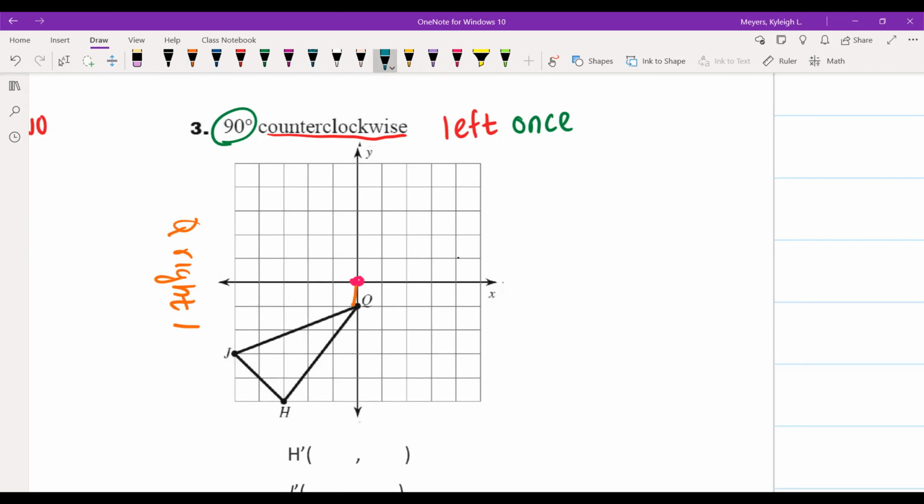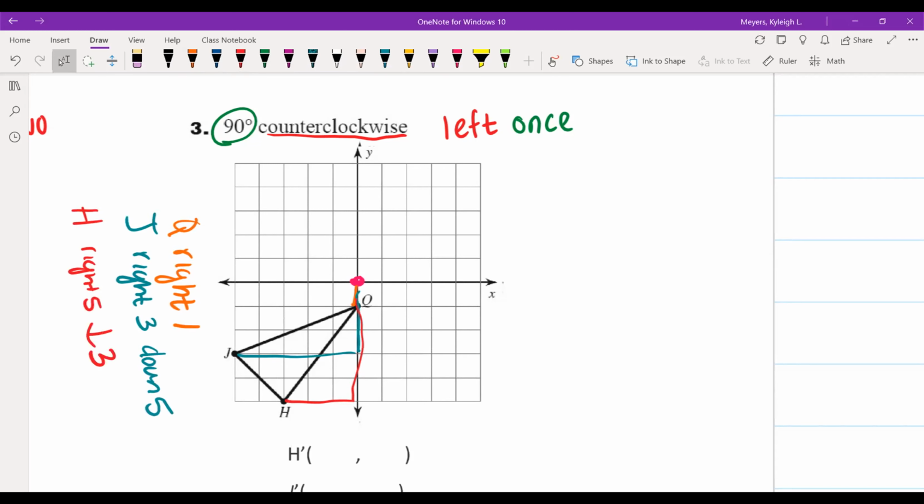Okay, J is right 3, down 5. So it's kind of the opposite of what we had, right 3, down 5. And then H is right 5, down 3. Right 5, down 3. Okay.